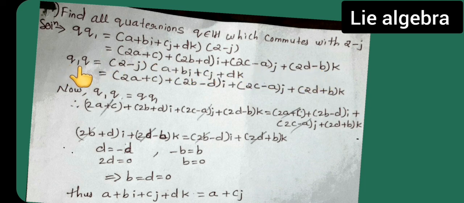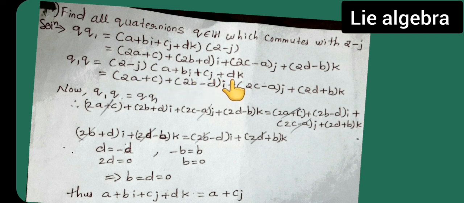And next is my q1 into q. This is my q1, 2 minus j, into this a plus bi plus cj plus dk. Here bracket is there, just put. Okay, now this is equal to what? This is 2a plus c as it is, plus 2b minus d. So this is 2b minus d I am getting.